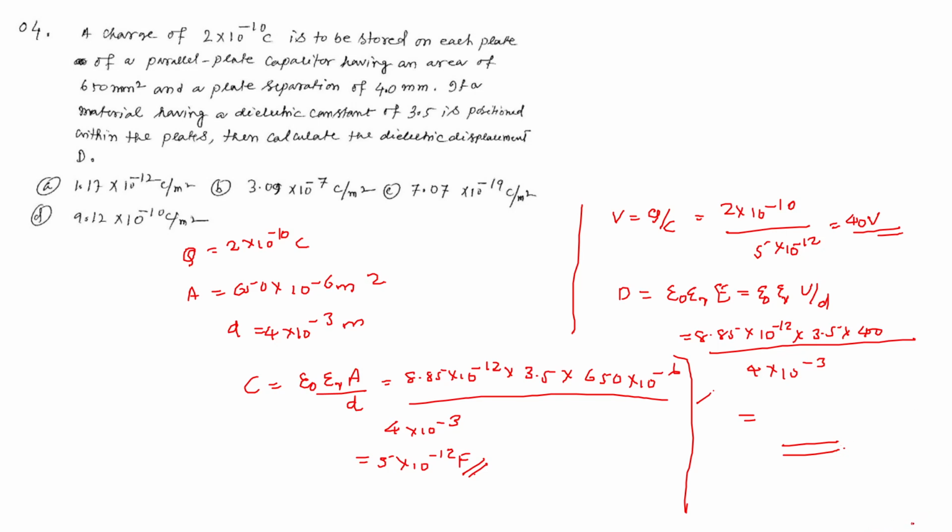So just check it. Here you might have got the answer 3.09 into 10 to the power minus 7 coulomb per meter square. So that option will be B. That will be the correct answer.